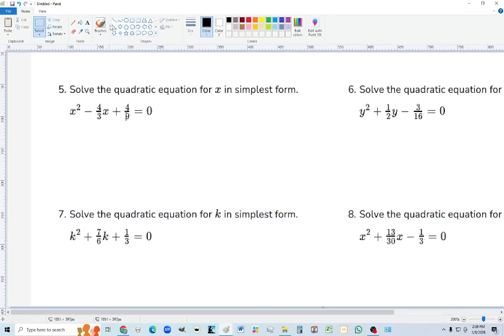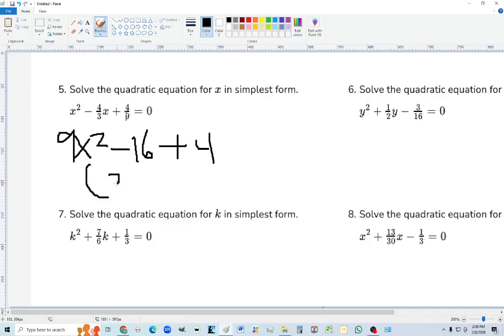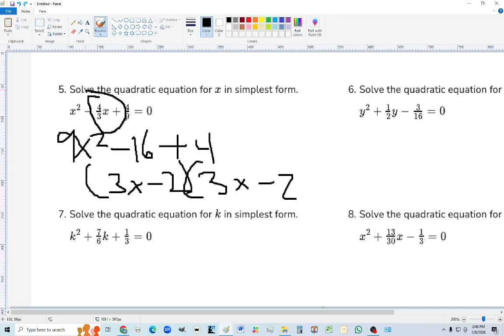Well, 5, the common term is 9. When I multiply the left side by 9, I get 9x squared minus 16x plus 4. I can see 9x squared and 4 both have a square root. 3x minus 2 because there's a minus here. And if I do it out, 3x times minus 2 is minus 6x. Oh, I did a little error there. So when I multiply, this should be minus 12.